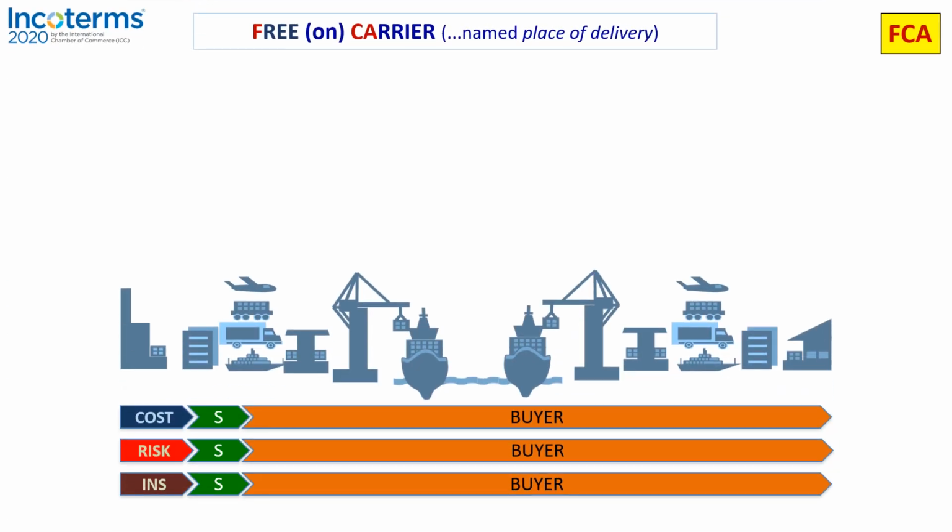The next term under this series, which is used for all modes of transport or combinations, is FCA. It stands for Free Carrier at the named place of delivery. The picture remains the same, but you will now find that the bars below the picture with respect to cost, risk and insurance start moving.